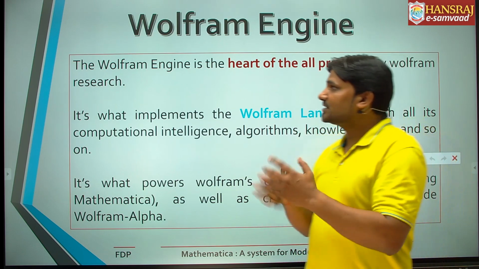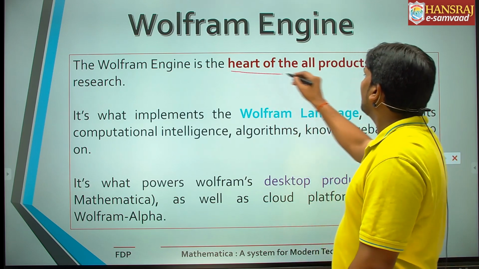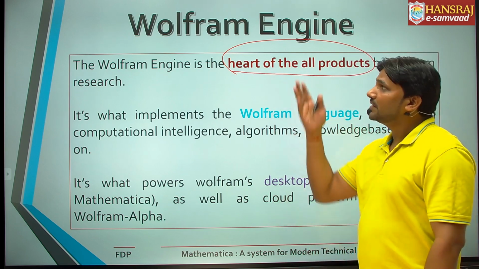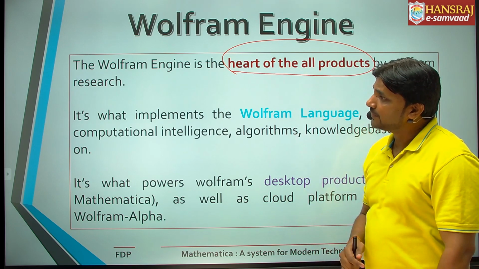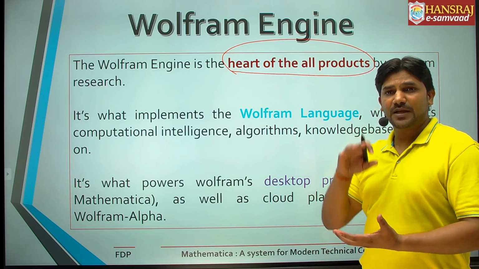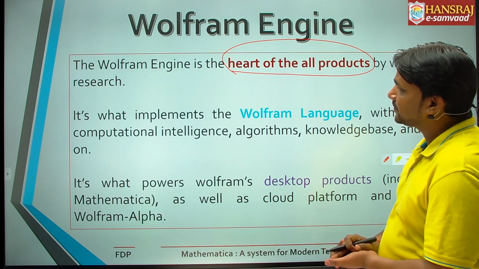So the engine is the base, and this is known as the heart of all products. Whatever products the company Wolfram is making, the Wolfram engine is the base of all of them.